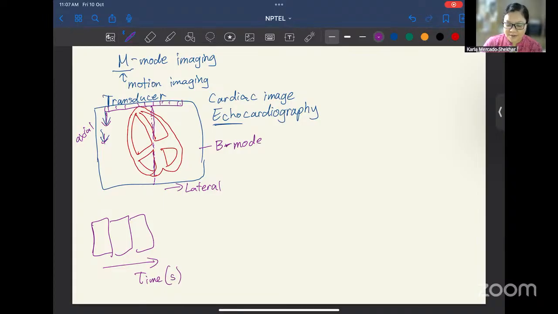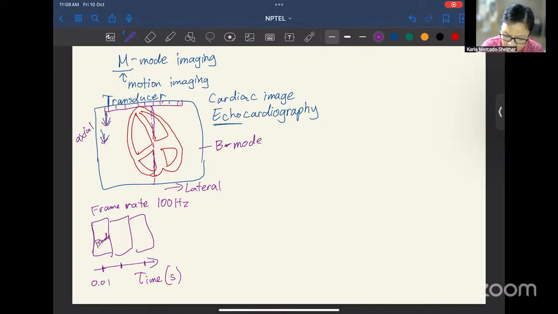If you have a typical B mode frame rate of 100 hertz, then each frame will be sampled at 0.01 seconds. So this is your B mode frames, right?